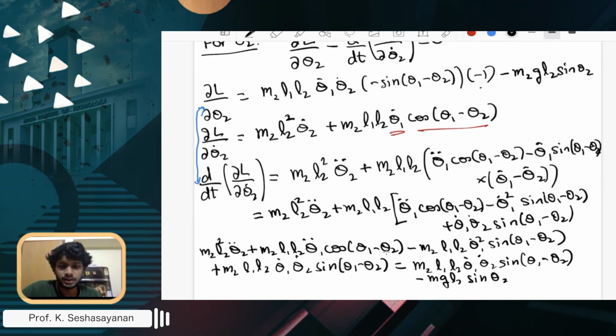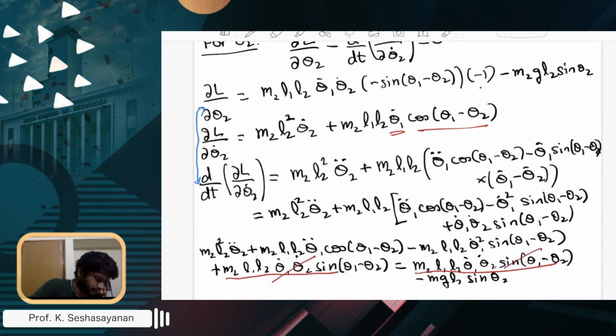Okay. So again we can simplify here. First is to notice that these two terms are the same, so we can remove these two terms. So I'll take the calculation over to the next page.